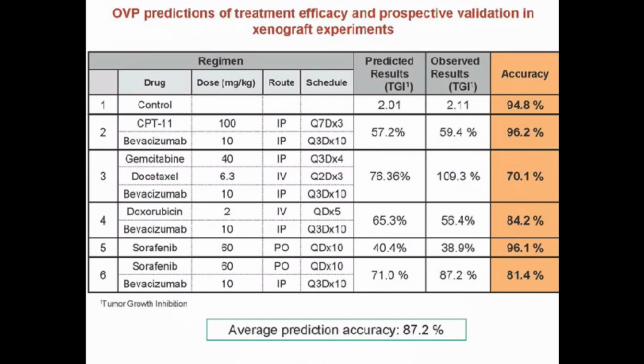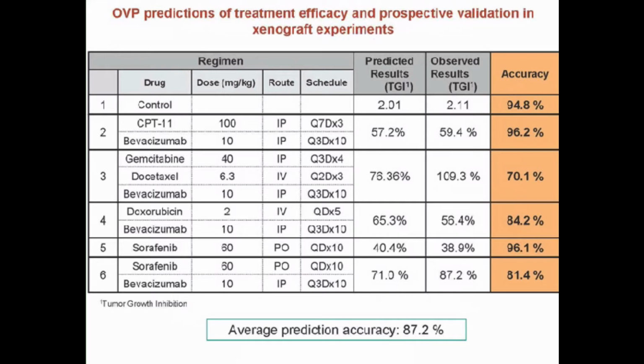So very briefly, this is an example of our predictions. You see here the drug combinations and the drug regimen, the dose, the route of administration, and the schedule.